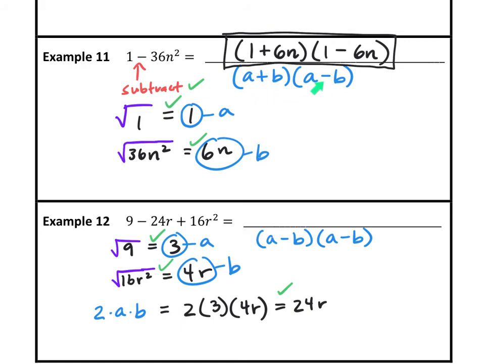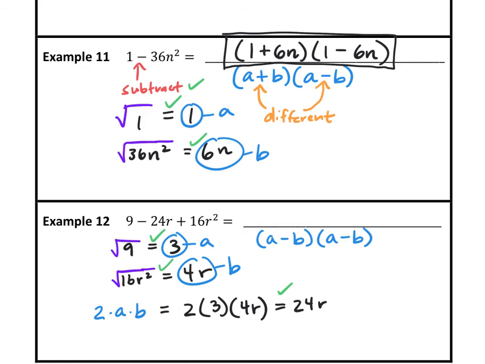So I guess the way that I remember it, and let me pick a different color here, is if I have a difference of squares, then the signs are going to be different.